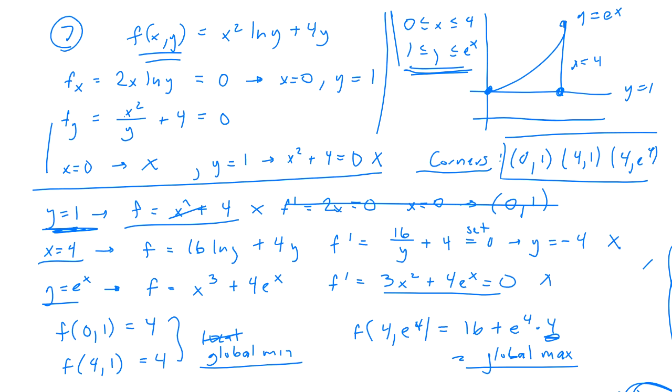Oh yeah, 64. Thank you. I messed up both of them. Sorry about that. But it ended up being a fairly simple one because there were no critical points in the function when I plugged in the boundaries. So the only thing that mattered were the 3 corner points.